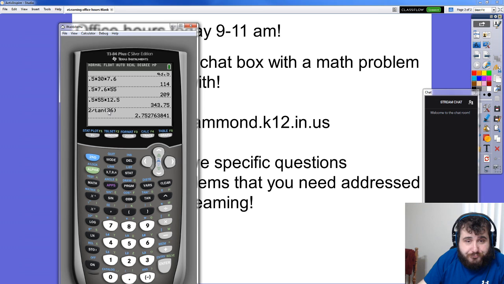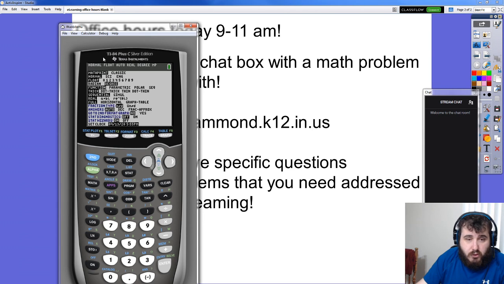Now, what makes this difficult to use sometimes is the fact that this calculator is designed for various things. If you look in here, this is the mode menu, and it shows a lot of different things.